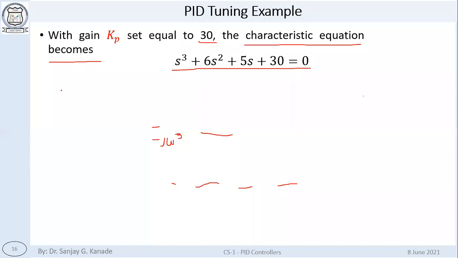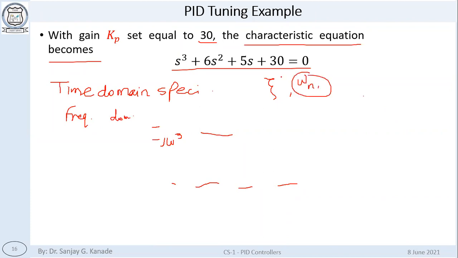You have studied two types of specifications, right? Time domain specifications and frequency domain specifications. The most important ones being zeta and omega n.